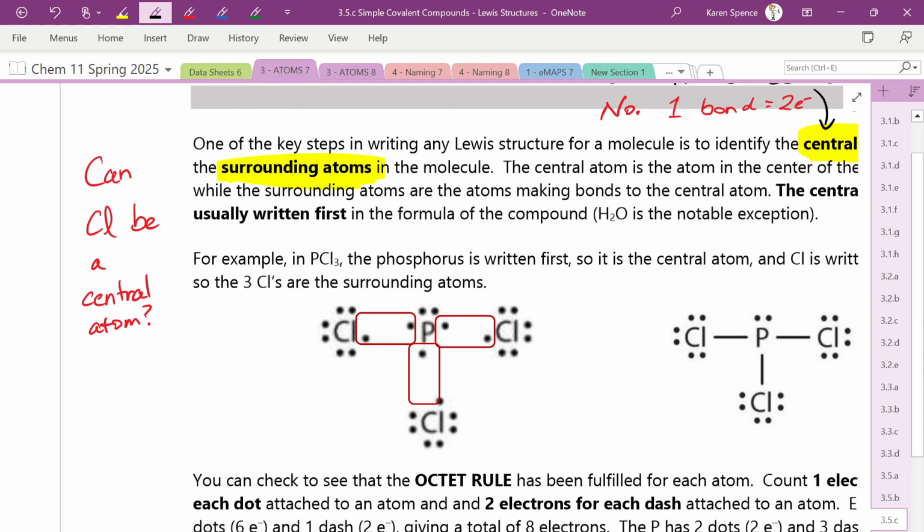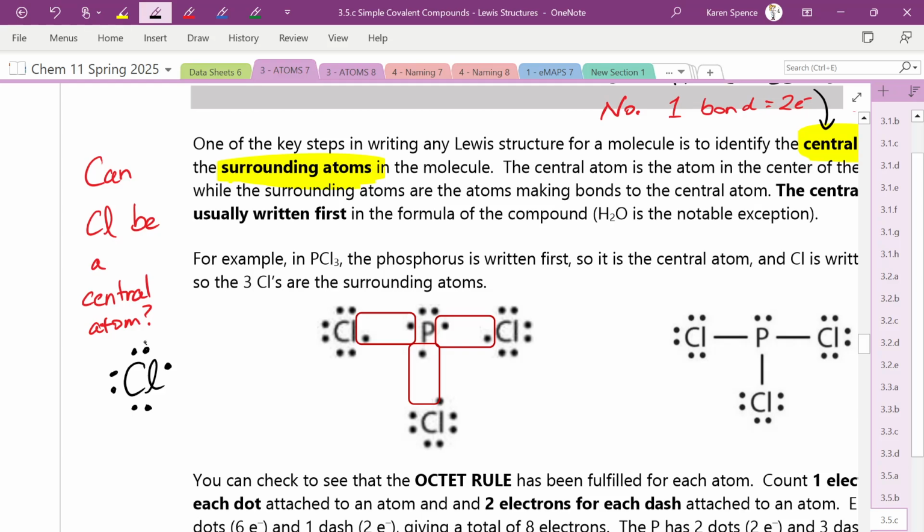How are you going to look at the number of limbs? What should you be drawing for chlorine? You're going to draw the Lewis dot structure. Okay, so we've got Cl. How many dots? 7. How do we know it's 7? It's in group 17, therefore it has 7 valence electrons.